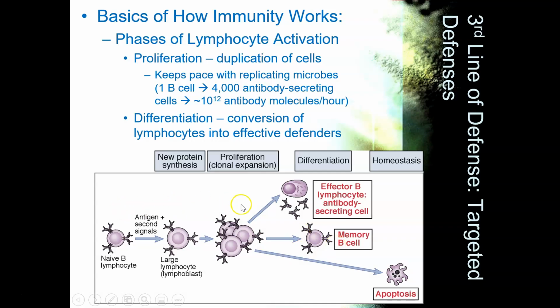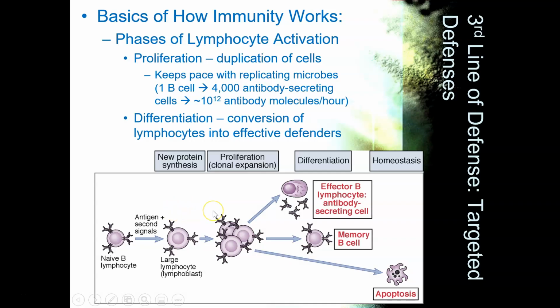So up to this point of proliferation, you may be showing symptoms of the infection because your body hasn't had the chance to ramp up that immune response enough to actually start fighting off the infection. The whole idea here is once that proliferation occurs, I need to be able to keep pace with that replicating microbe.